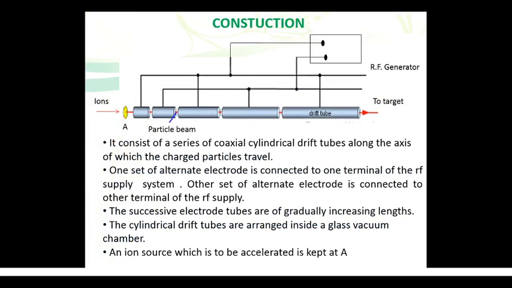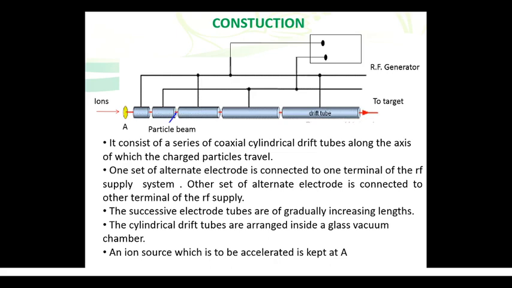So this is the picture of a LINAC, where you can see a series of coaxial cylindrical drift tubes along the axis of which the particles travel. Here you can see 1, 2, 3, 4, 5 drift tubes. Along this axis the particle will travel from A, then after the drift tubes it will move on to the target.